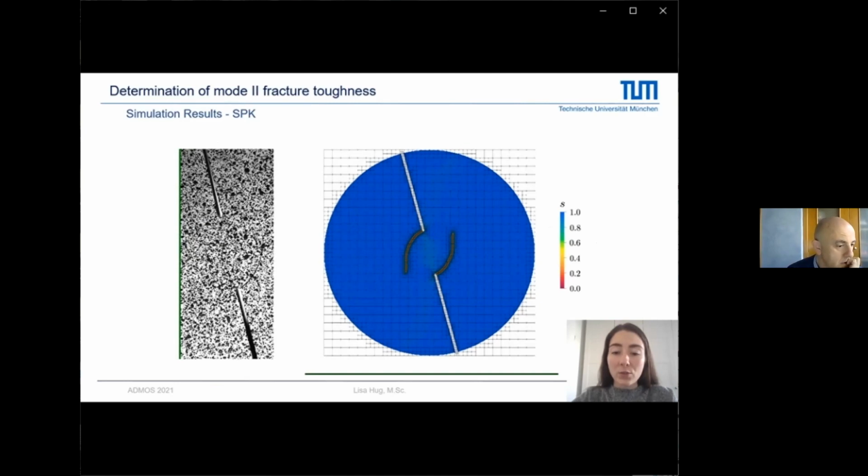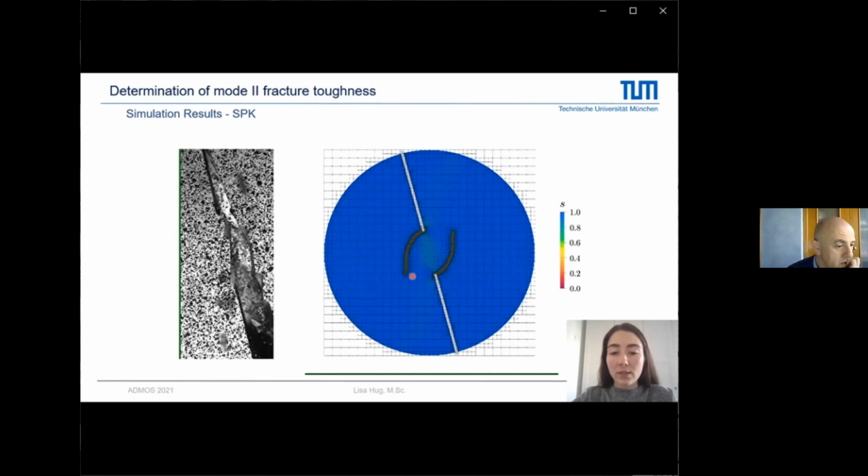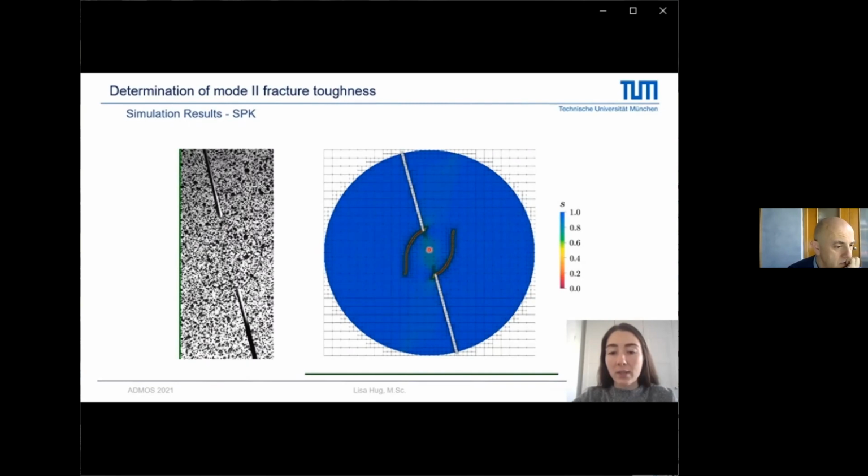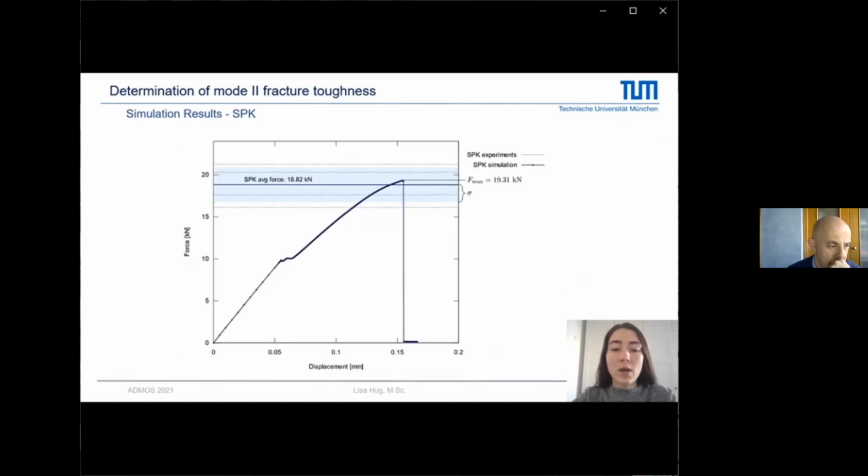We get the 2 tensile wing cracks, and then the shear band starts to form in the center and shear failure occurs. If we now look at the load displacement curves computed in the simulation, we can see that also the critical failure load we obtain matches very closely to the experimental values.